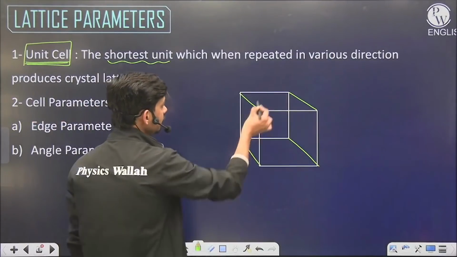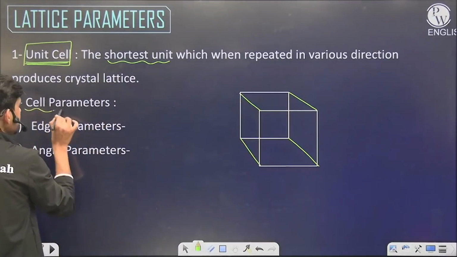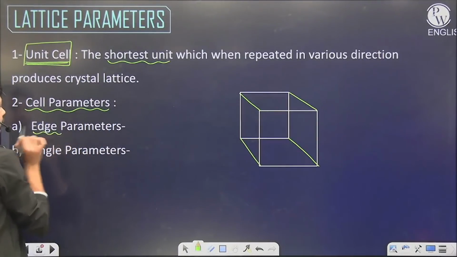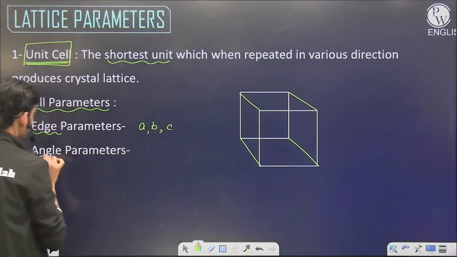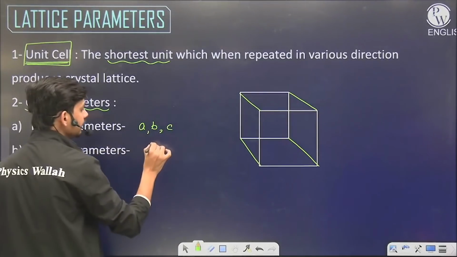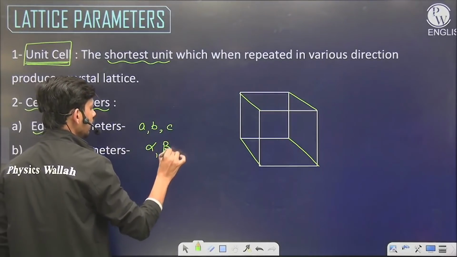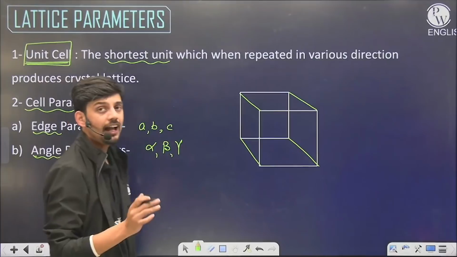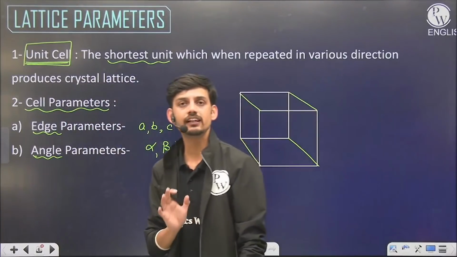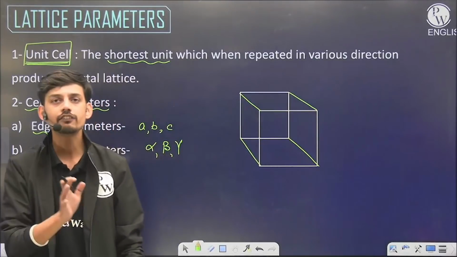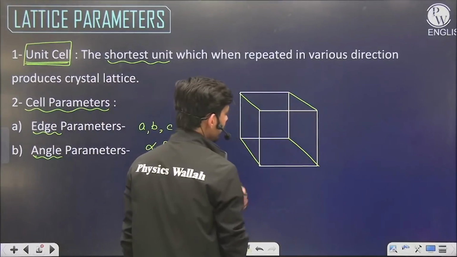Now this unit cell is characterized through different parameters. Three parameters are edge parameters, which are a, b, and c. Three parameters are angle parameters, which are alpha, beta, and gamma. So we have a total of 6 parameters to characterize a unit cell: a, b, c, alpha, beta, and gamma.